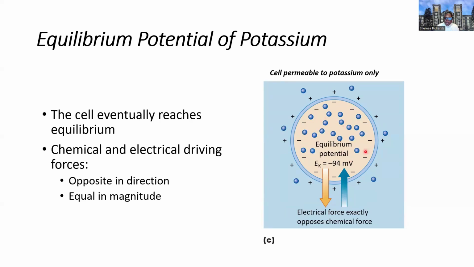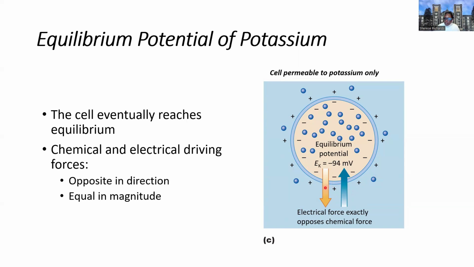Okay, so now we're going to see that the ions are going to move until they're at equilibrium. So now the forces are equal, right? Now the forces are equal. So now we have potassium's equilibrium potential. And we described this concept before as well. When an ion's electrical force is equal and opposite to its chemical force, the ion is said to be at equilibrium.